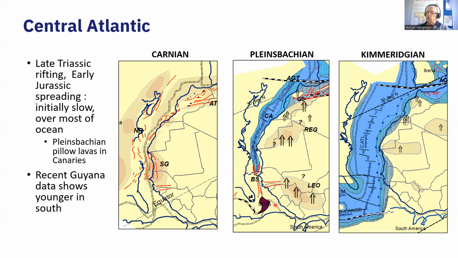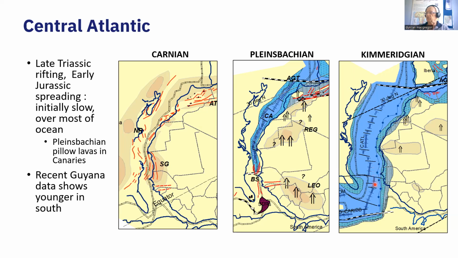But we know now from work in Guyana, which actually is a Central Atlantic margin, that the oceanic crust was eventually seaward dipping reflectors of Middle Jurassic age, and actual oceanic crust was not in place until the late Jurassic in that area. So this eventually leads through into the Proto-Caribbean and the Gulf of Mexico, where we have oceanic crust of roughly that age.